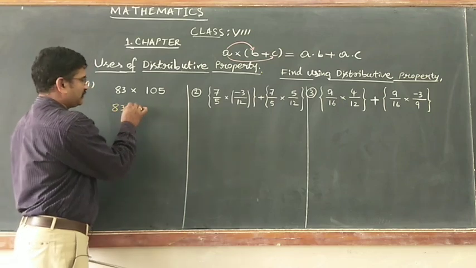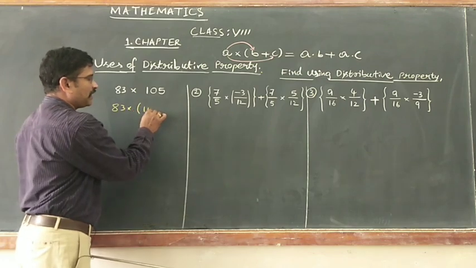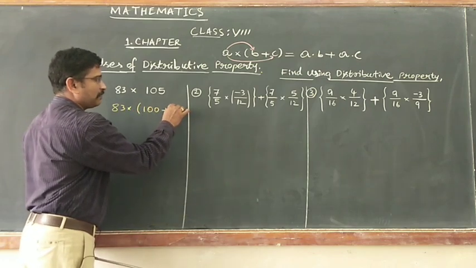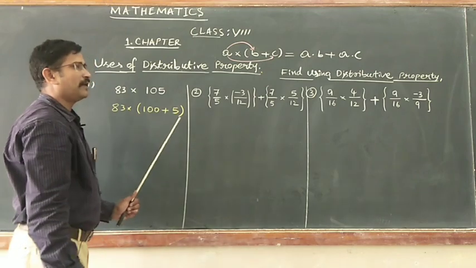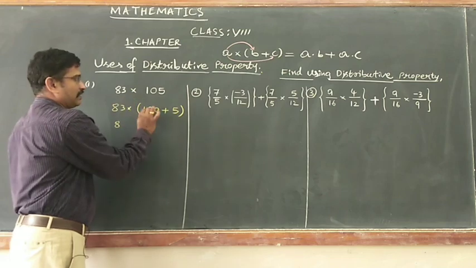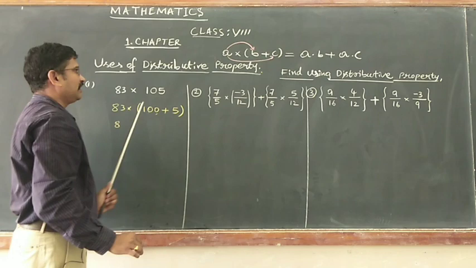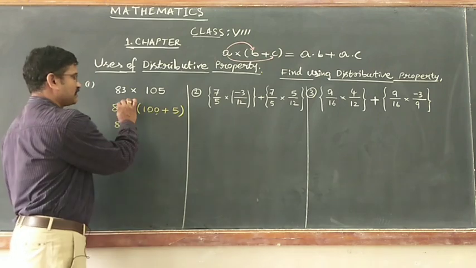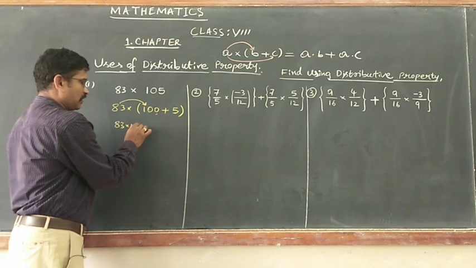83 multiplied to 105, this 105 can be written as 100 plus 5, where 100 plus 5 is the sum of two numbers, and 83 multiplied to it can be distributed: 83 multiplied to 100.